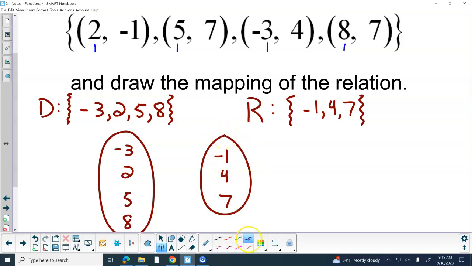And then you are going to draw arrows to them. So 2 goes to -1. 5 goes to 7. -3 goes to 4. And 8 also goes to 7. So that would be the mapping then of this one.